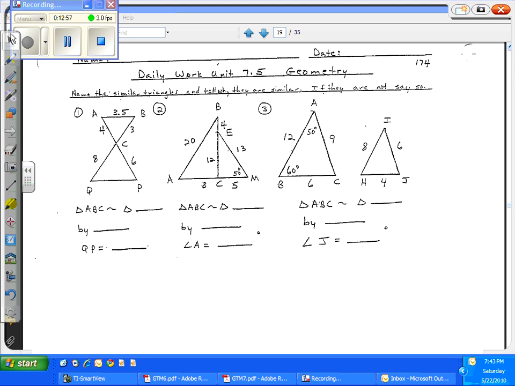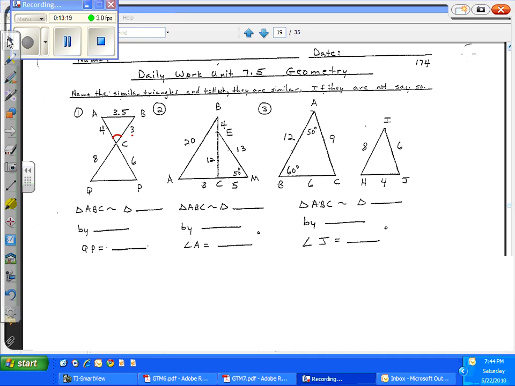We could check for side angle side. We only know one pair of equal angles, and that's the vertical ones. And so we're going to look at the vertical angles, and then we're going to check for side angle side. So the vertical angles are equal in the middle.